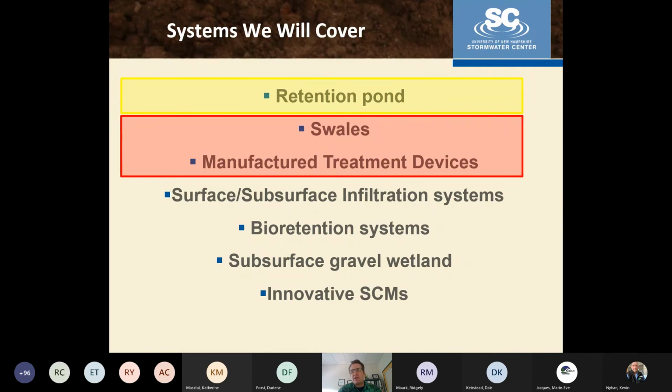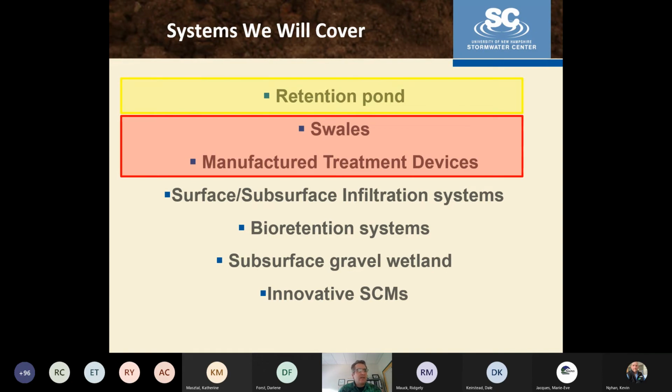Swales and manufactured treatment devices, and I don't mean all of the manufactured treatment devices, but particularly the hydrodynamic separators, are no longer really relied on for primary water quality treatment. So they can be conveyances or part of a treatment train or part of a forebay kind of pre-treatment, but they're not relied upon for long-term post-construction treatment.